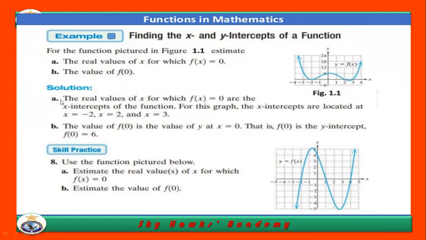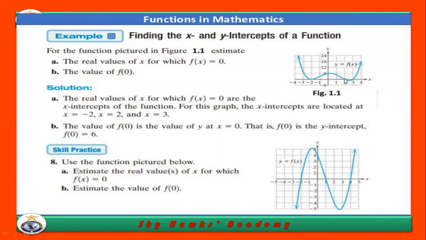So look at the solution. The real values of x for which f(x) is equal to 0 are the x-intercepts of the function for this graph. The x-intercepts are located at x is equal to minus 2. Look at this, this is minus 2. Then x is equal to 2.